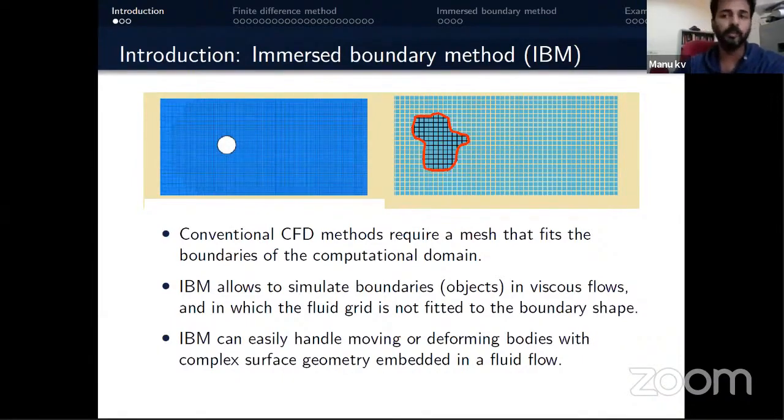This is one of the most advantageous aspects of the immersed boundary method: the meshing part is extremely easy. Of course, there are some drawbacks as well. However, nowadays with powerful computers, we can get quite accurate solutions using this technique.